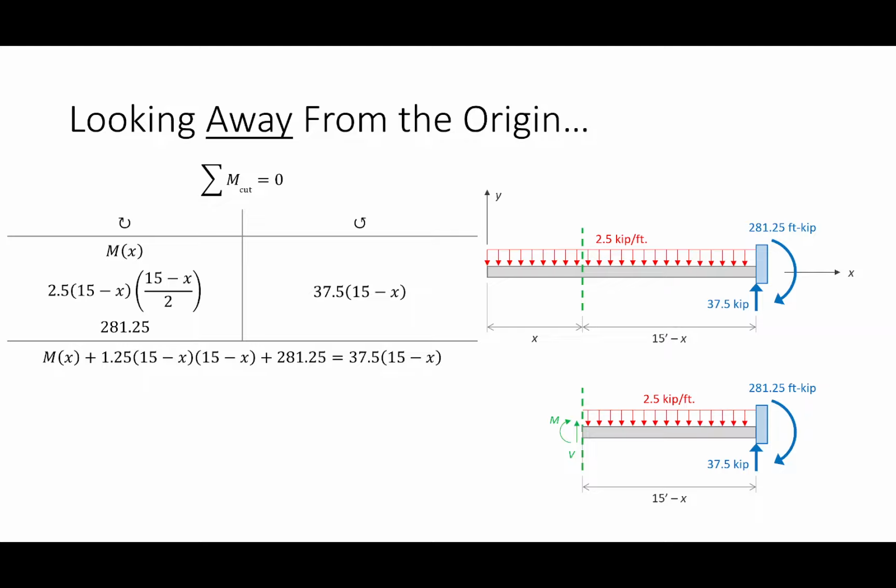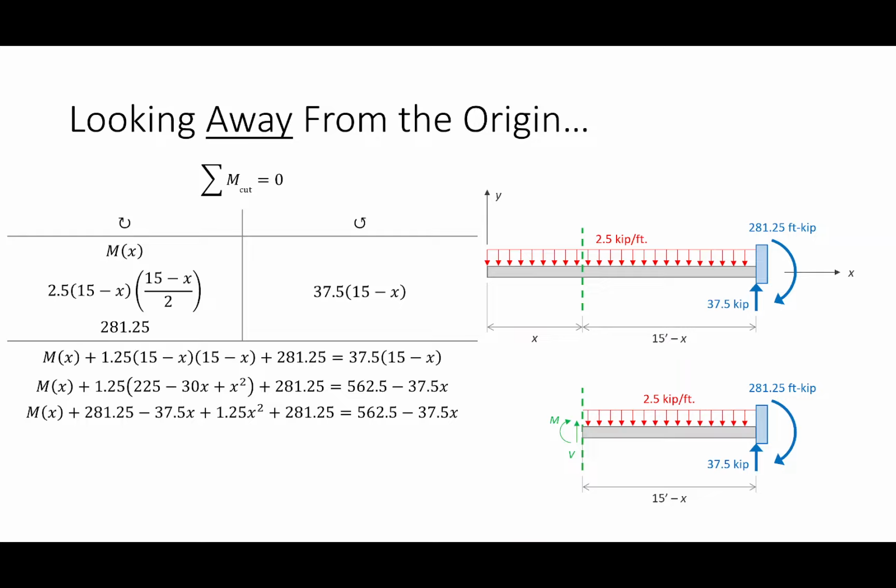Algebra land. I see some foiling we need to do over here. So first times first, 225. Outside negative 15, inside negative 15, negative 30, plus x squared. Over here on the right, 37.5 times 15 is this, 37.5 times that is that. Let's distribute this one out.